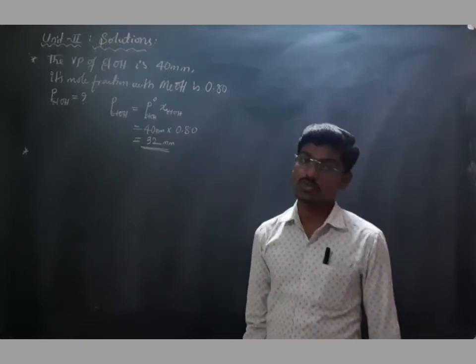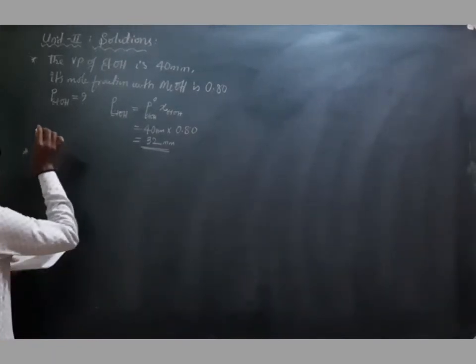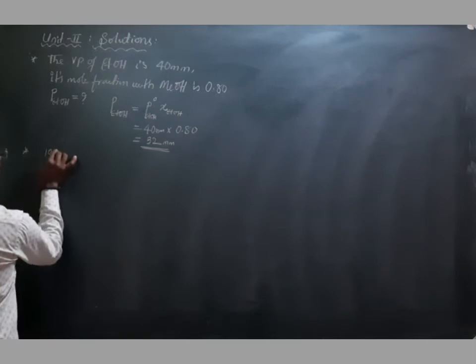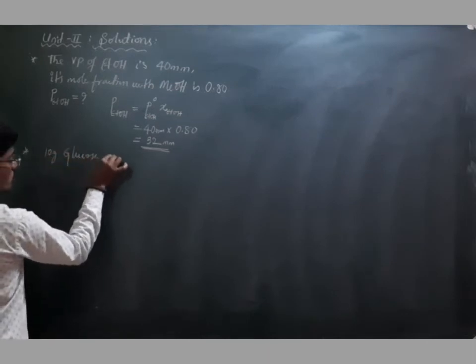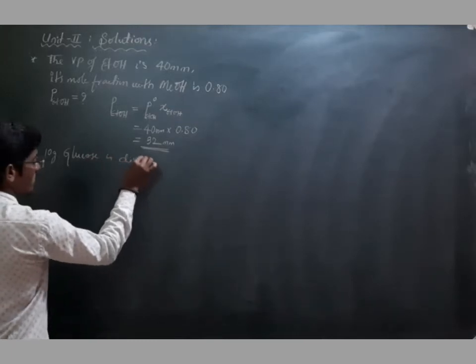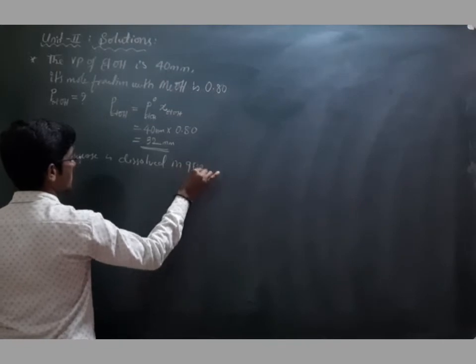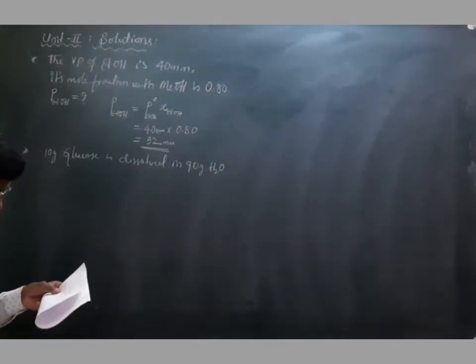Vapor pressure of solution is asked. Given data: 10 gram of glucose is dissolved in 90 gram of water. This is the first point given.